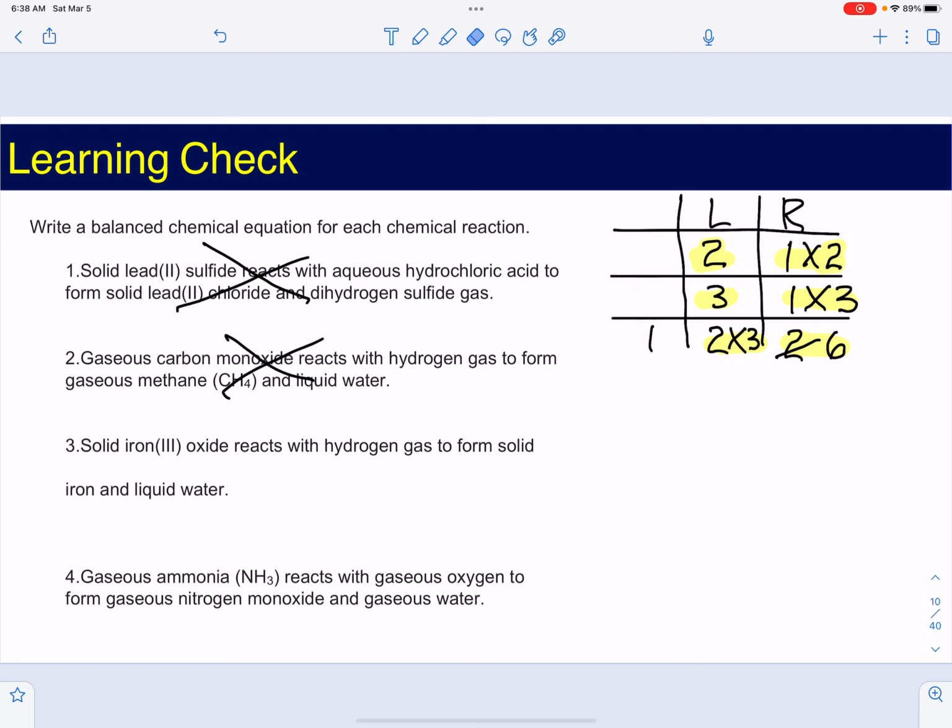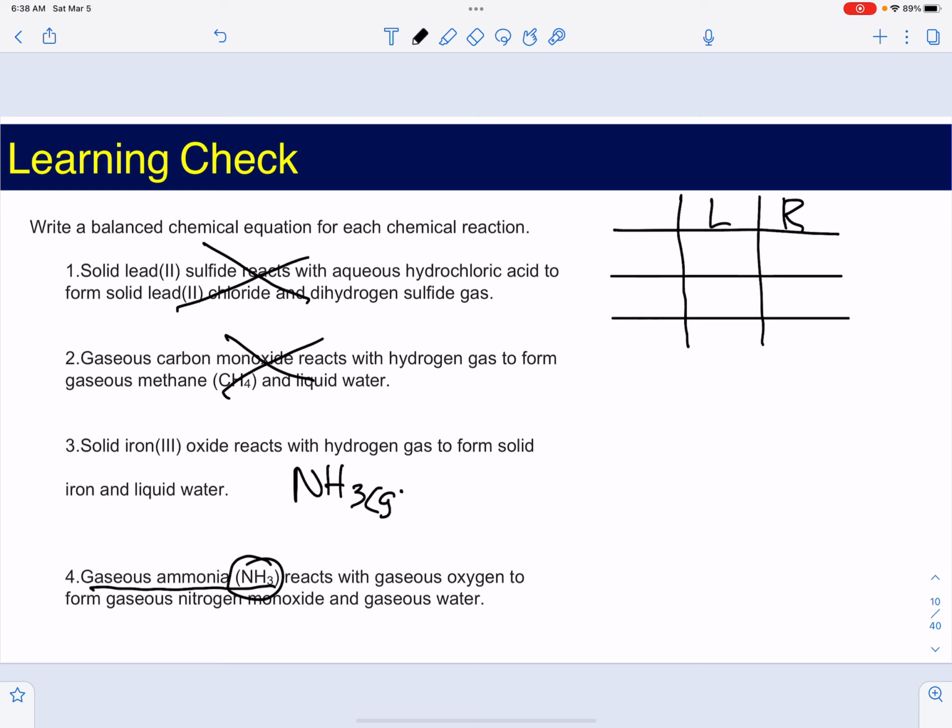So let's do the last one. For the last one, we're gonna have gaseous ammonia. So NH3, ammonia, which is a gas, reacting with gaseous oxygen, O2.